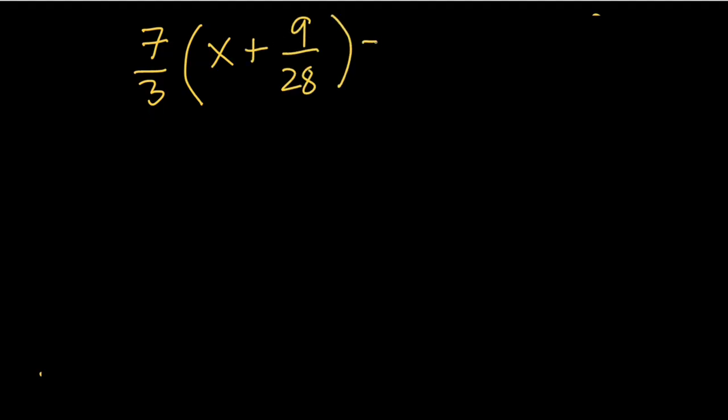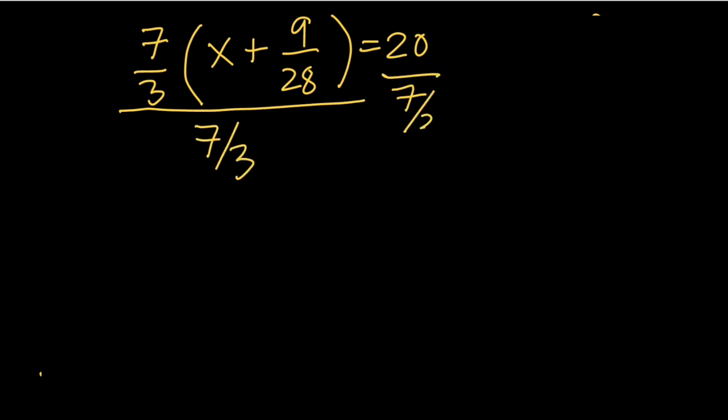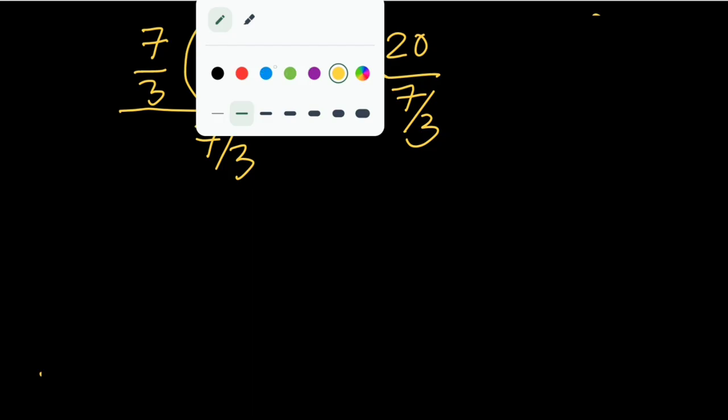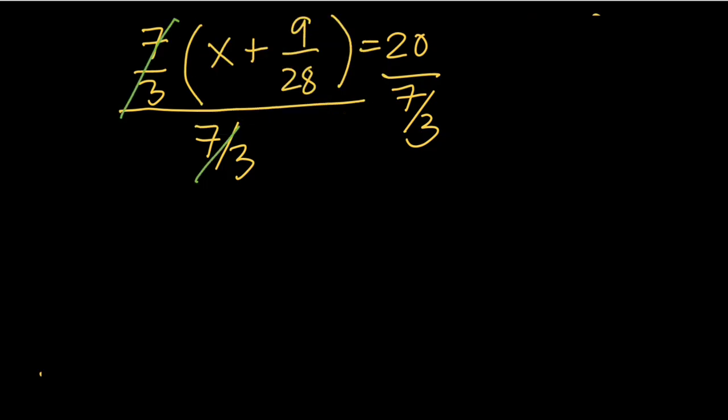So we have here 7/3 times x plus 9 over 28 equals 20. Okay, so we divide both sides by 7/3 first. So 7/3 cancels out.